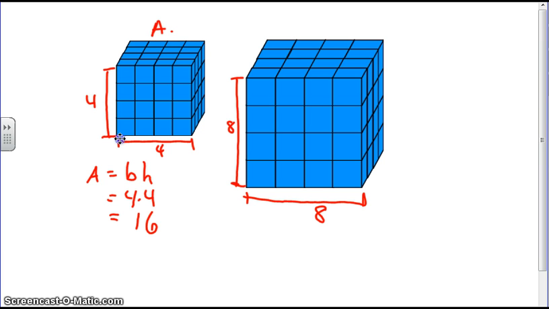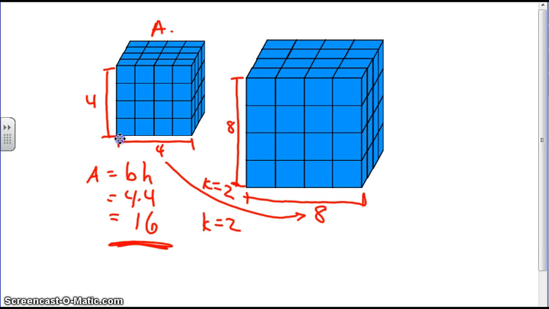So when we move to figure 2, how has the scale changed going from 4 to 8? What is the scale factor there? K would equal, what do we multiply by to get from 4 to 8? 2, right? So when the scale factor equals 2, can we just multiply the area we just found by 2?